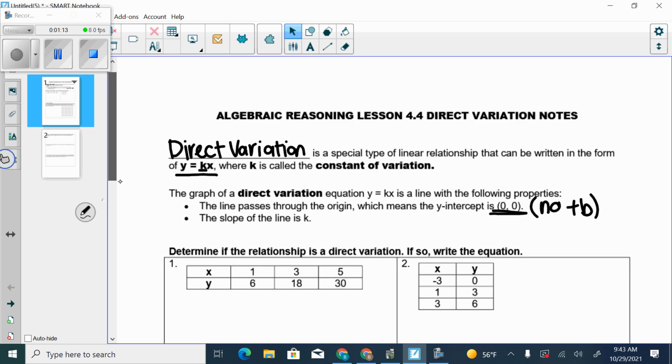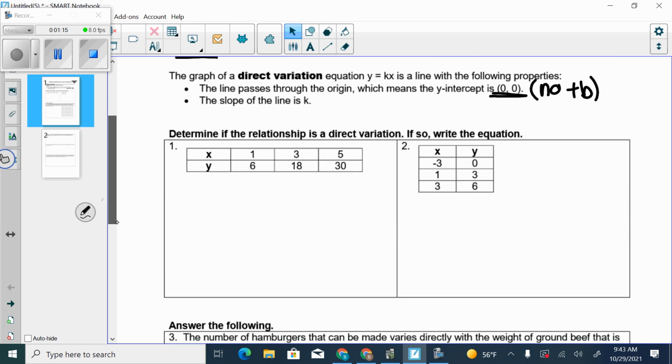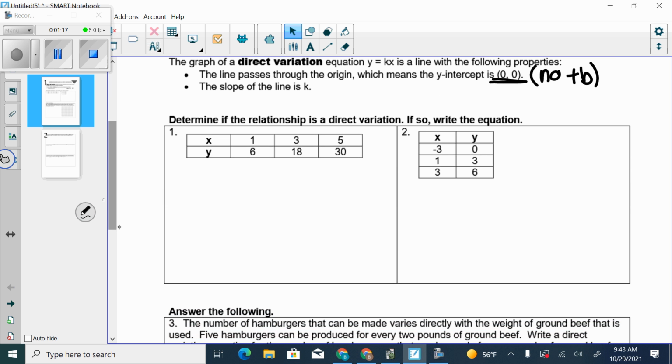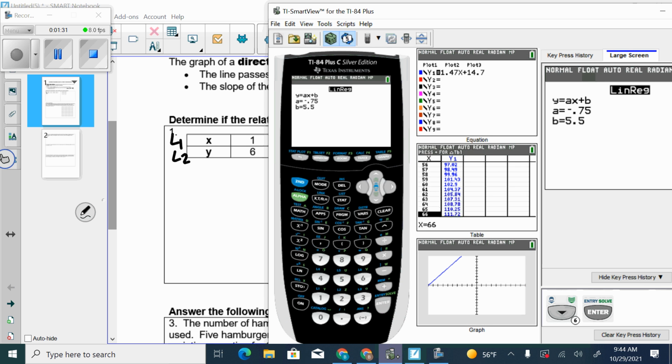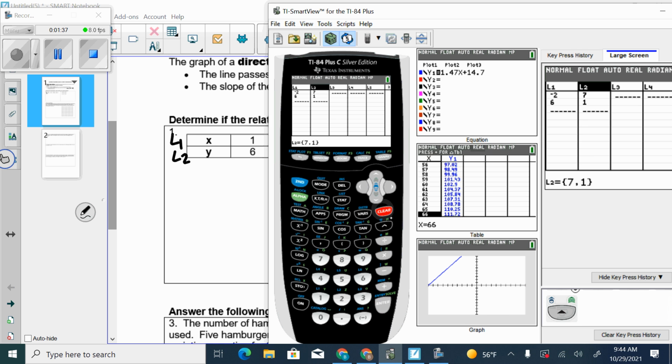All right. So, we are going to use the same process we just learned on our other notes with this given table of values. So remember, our list 1 is all of our x values, our list 2 is all of our y values. So I'm going to pull up my graphing calculator, go into Stat, and Edit. Anything that's in those lists, we clear them out.